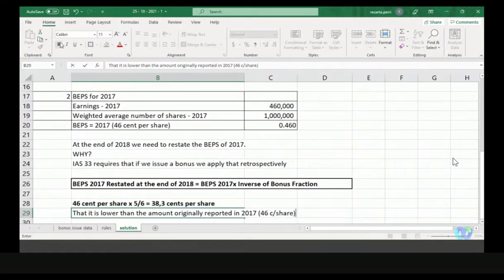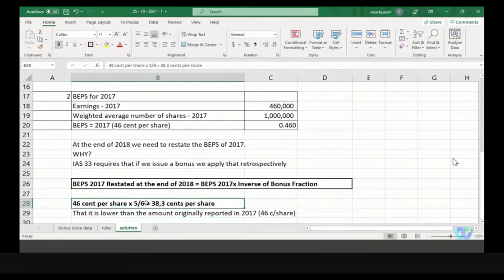Right now, we are reporting only 38.3 cents per share. That is, the issue of a bonus in 2018 also affects the numbers that were previously reported as higher figures. Any question to that? So the bonus treatment, how IAS 33 requires the bonus to be calculated and reported.